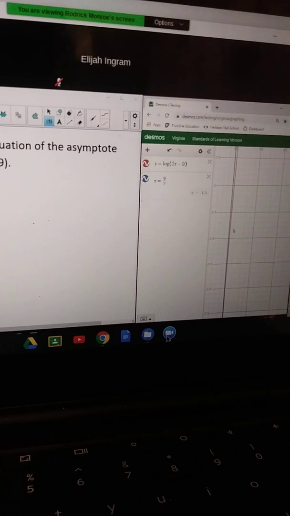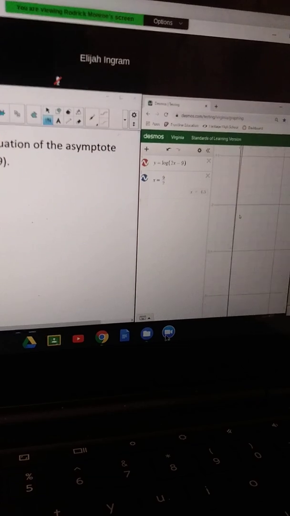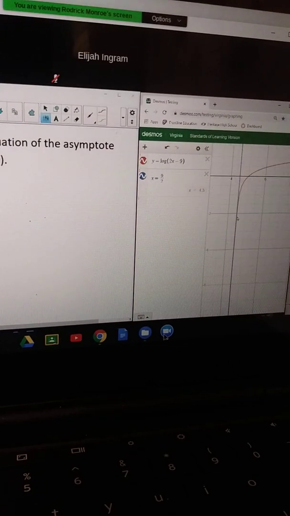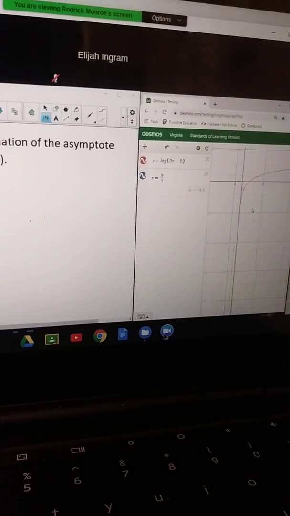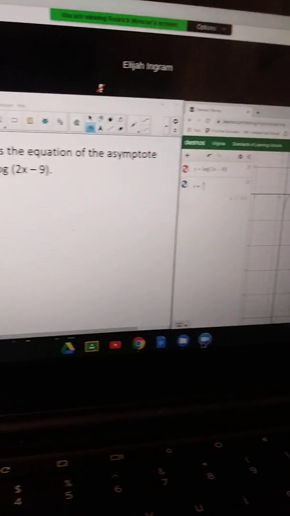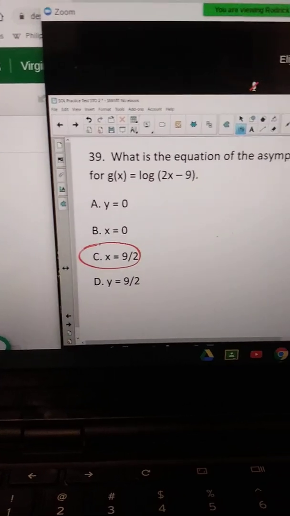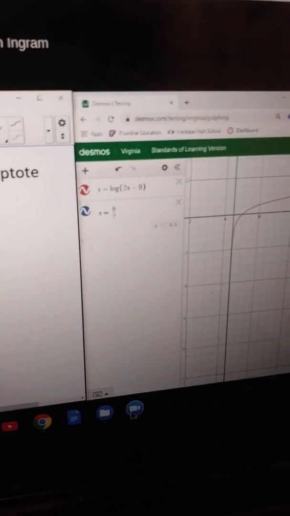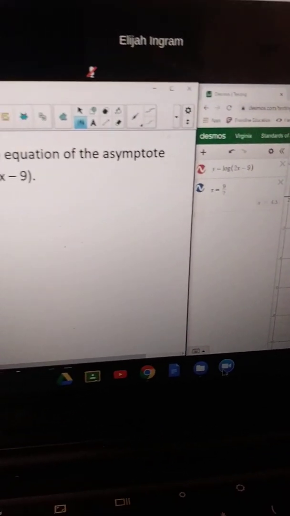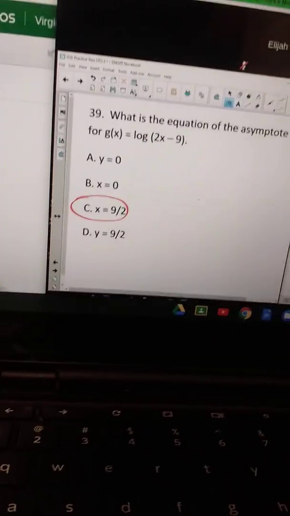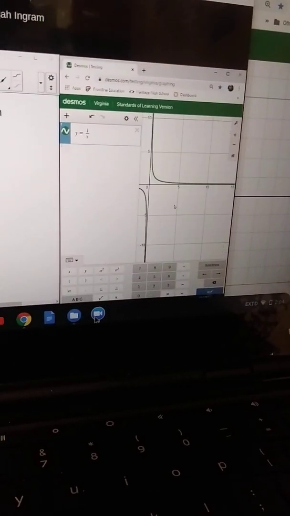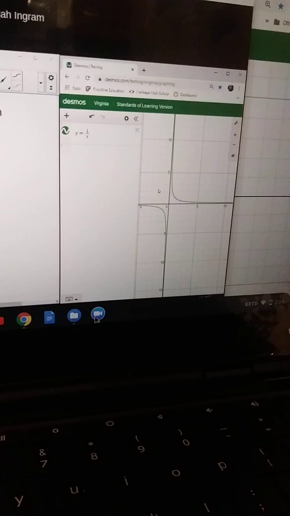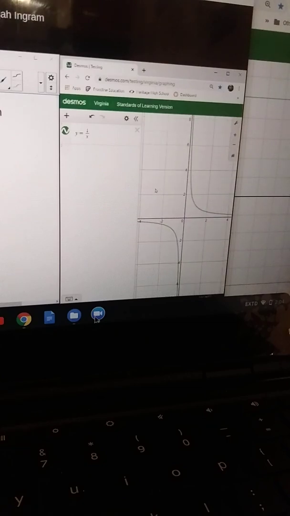It'll get close, but it doesn't touch it. Because an asymptote is what we call a barrier. It prevents the line from going over. So the answer here is C. Asymptote is what keeps a line from extending. Does everybody understand that? Over x. So again, can somebody tell me my domain here?